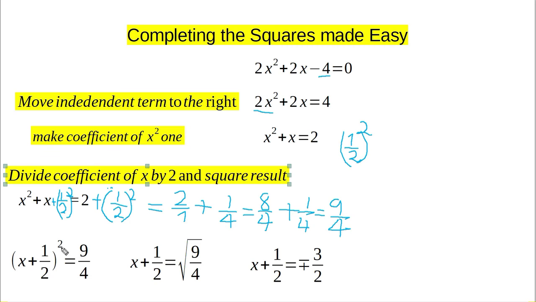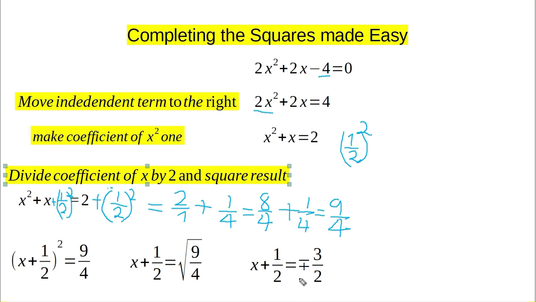If I take the square root of this side, it removes this square here, so I'm left with this, and then I take the square root of this side also. The square root of 9/4 is minus or plus 3/2. I mean, the square root of 9 could be minus 3 or plus 3, and the square root of 4 is minus 2 or plus 2.